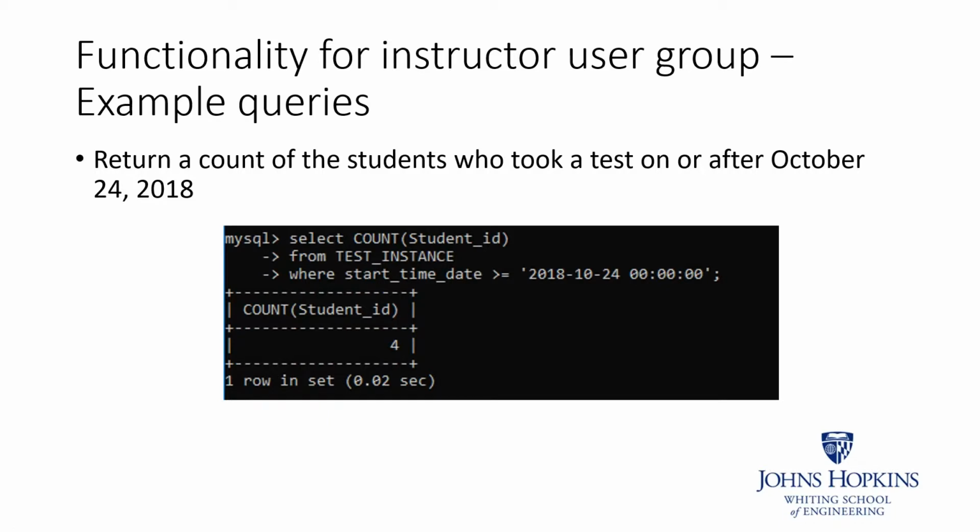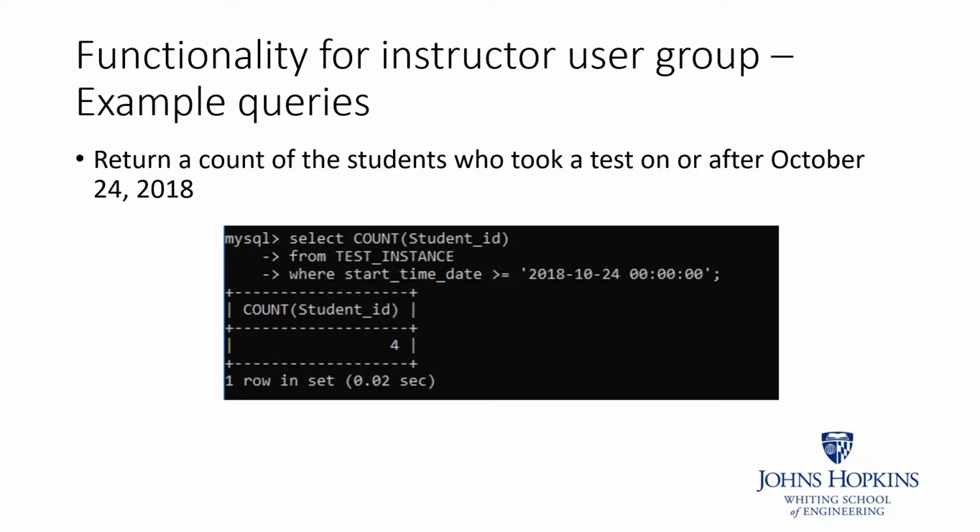Let's go ahead and take a look at some queries that would be conducted by the other user group. Now, the other user group for this database would probably be instructors, and they would be doing their query directly from accessing the database. So here's an example of one of the queries that an instructor might be interested in doing.